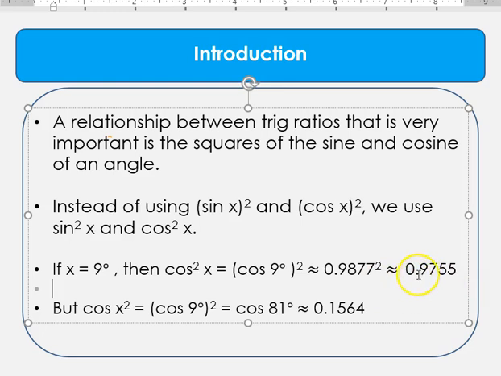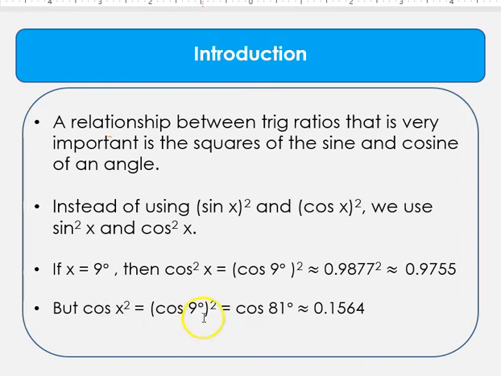So once again, I know this is strange, but we write the expression cosine squared x, but when we actually perform it, it'll be cosine 9 squared. In my calculator, I go 9 degrees cosine, and then I push the squared button.